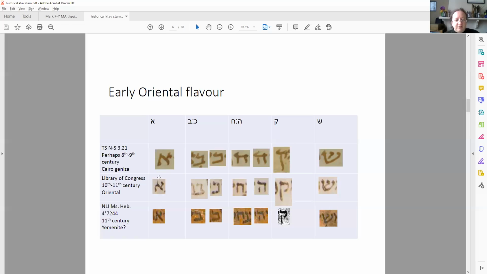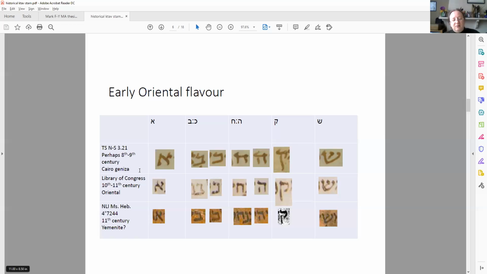A little bit later on, we've got a bit more of a spike up at the top there above the leg. And that's going to develop into something we recognize later. But look at the way aleph is bending his leg forward here. That's a bit more muted in the later one.